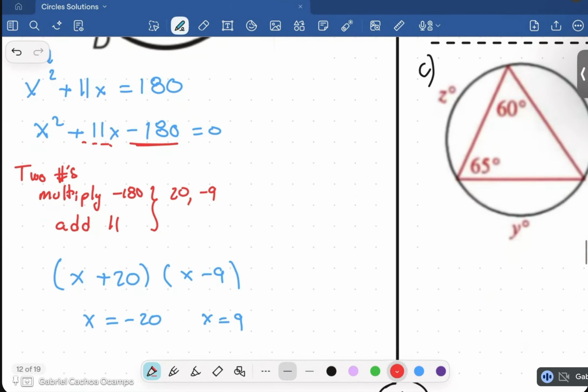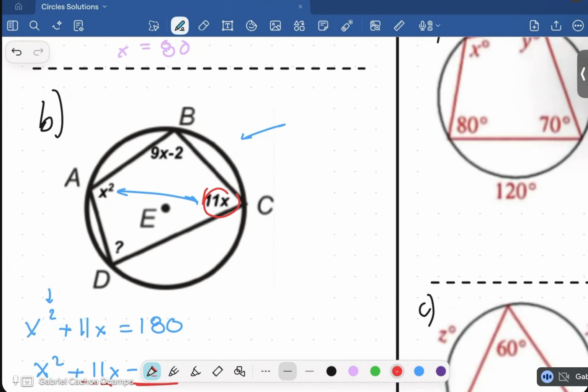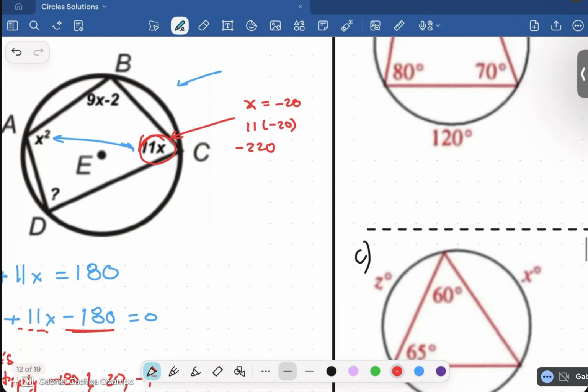I cannot use the solution because look, if I plug in x equals negative 20 in here, that angle measures 11 times negative 20, that angle would measure negative 220. That angle is not negative. So I am not taking into consideration this solution, no. So my solution is 9.